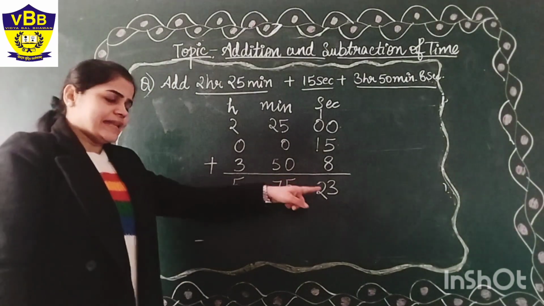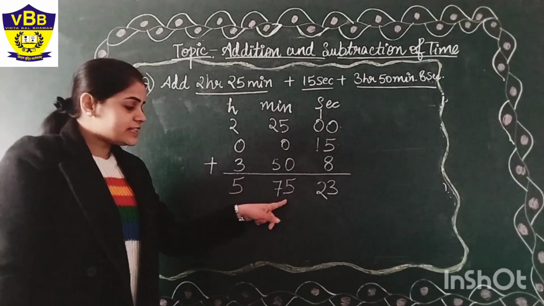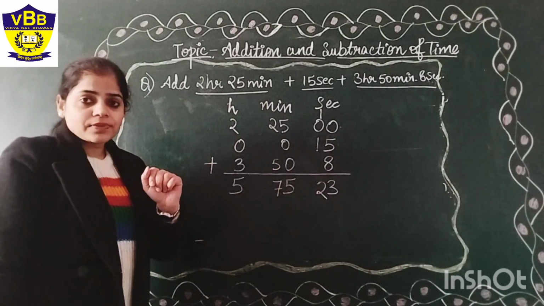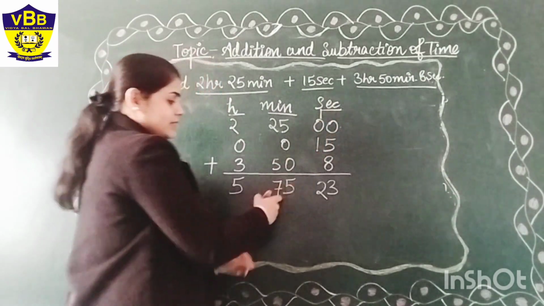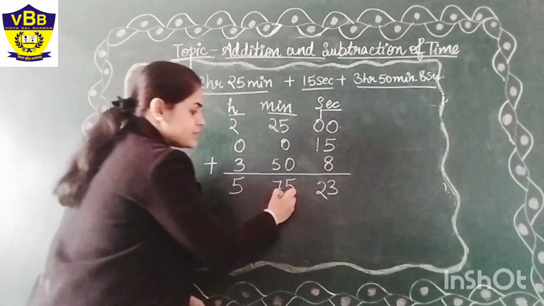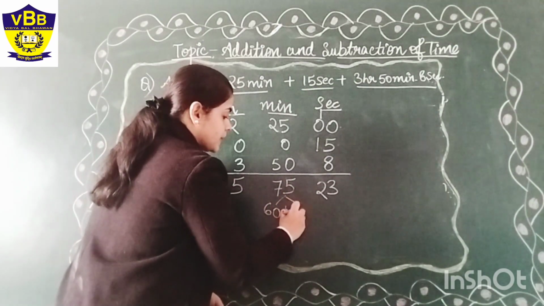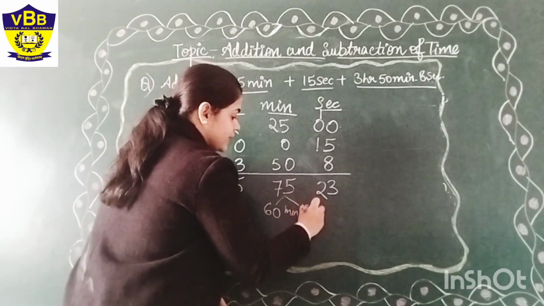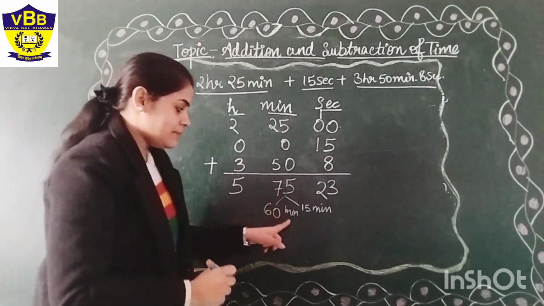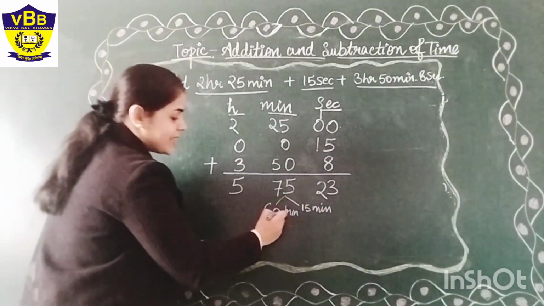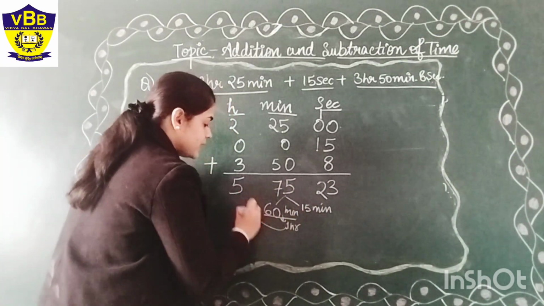Now can you see anything unusual here? Yes. Can you see this 75 minutes? Is there any possible minute that is in 75 minutes? No. It can be split into 60 minutes plus 15 minutes. Yes or no? Yes. And the 60 minutes can be converted into 1 hour, which will be carried forward.